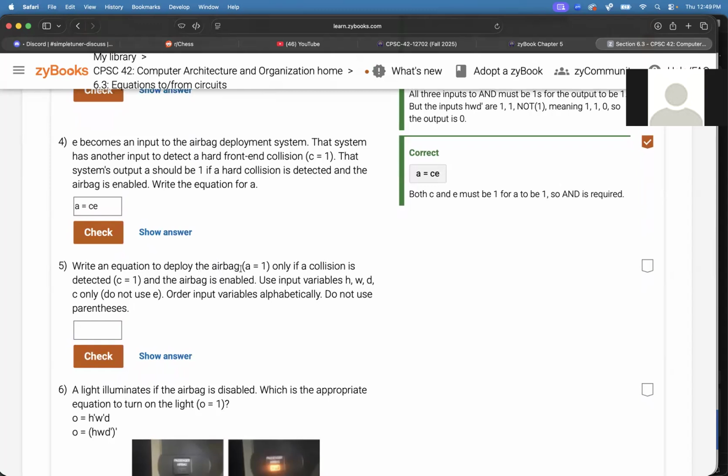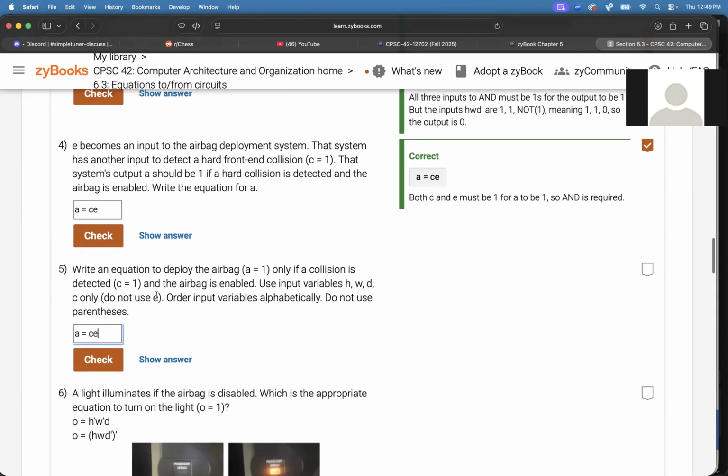Write an equation to deploy the airbag. So that's going to be like A equals something. Only if a collision is detected, that's C, and the airbag is enabled, that's E. Oh, and then it says use the input variables H, W, D, C. Do not use E. All right.